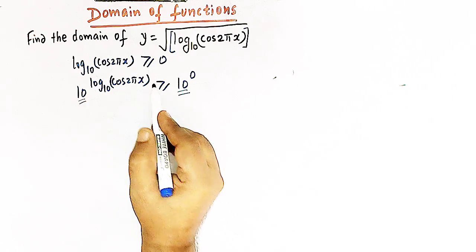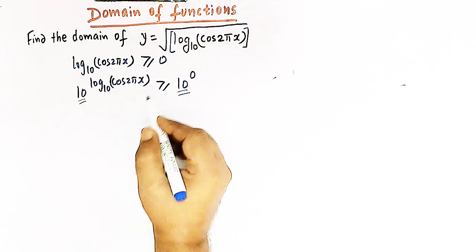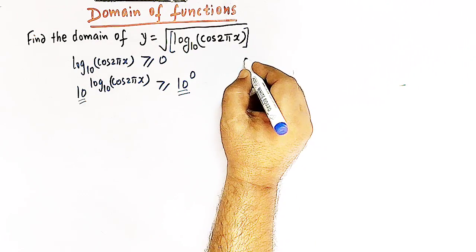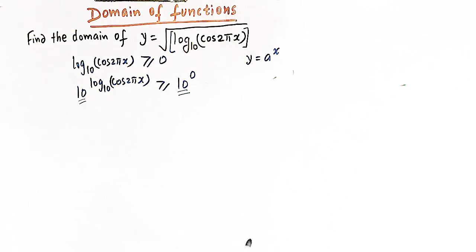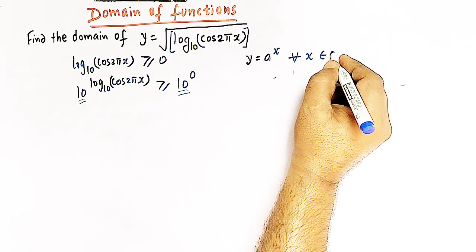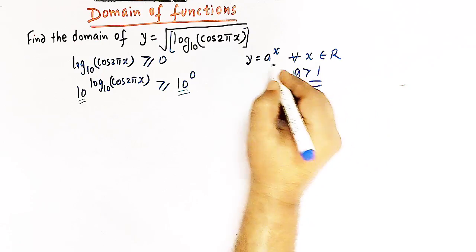So here the direction of the inequality remains the same, because from functions we know that the exponential function, say y is equal to a raised to x, is an increasing function for all values of x belonging to R, for a greater than 1, right?